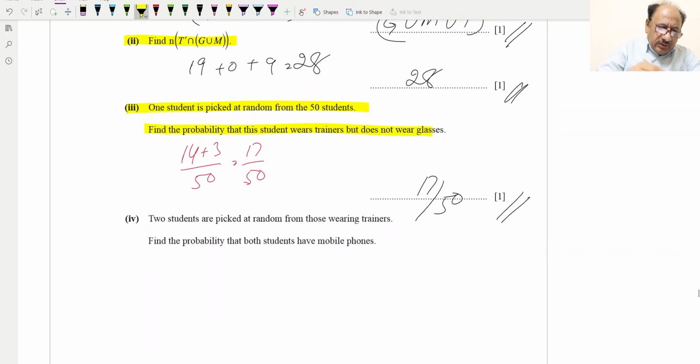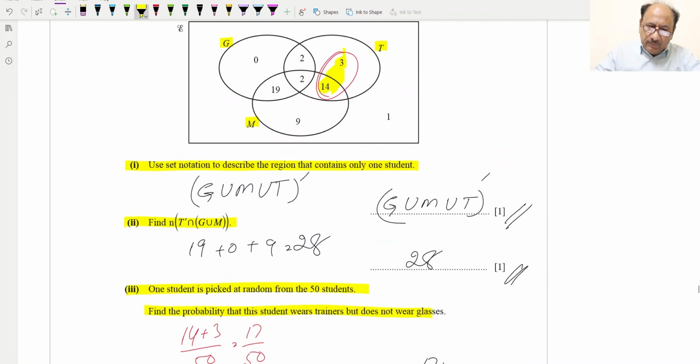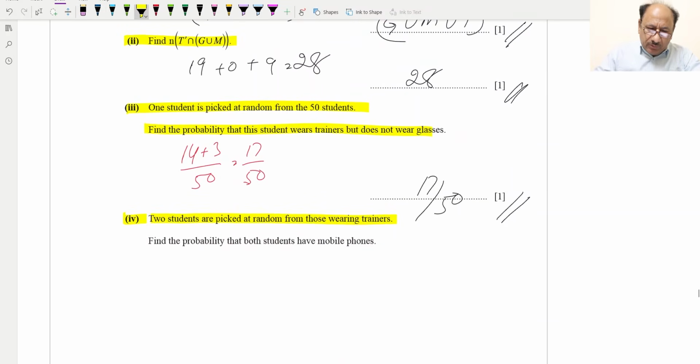Now next, part 4: two students are picked at random from those wearing trainers. So out of wearing trainers, trainers are this much. This is trainers. So if we add this, 4 plus 3 will be 7, 7 plus 14 will be 21.